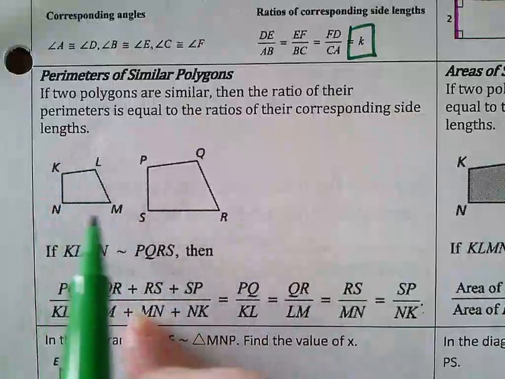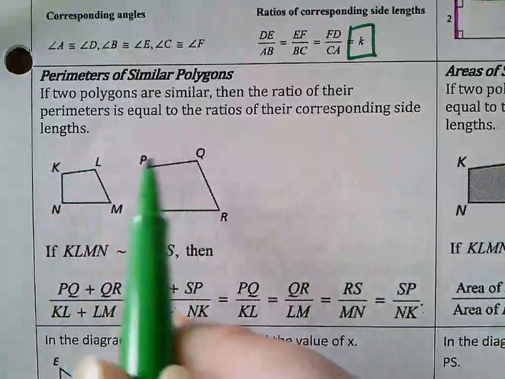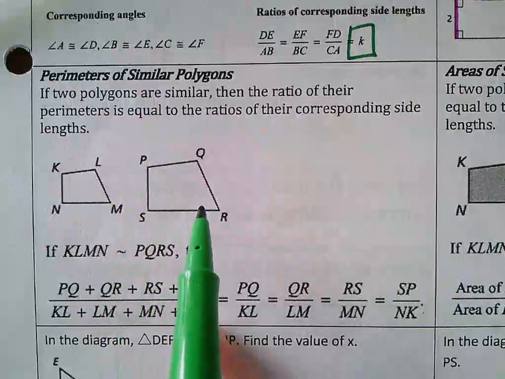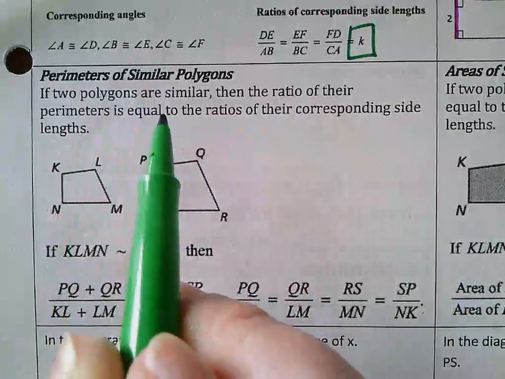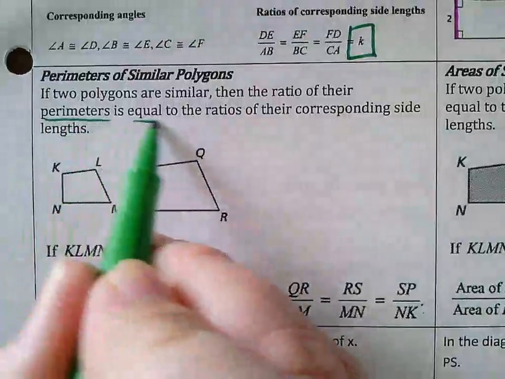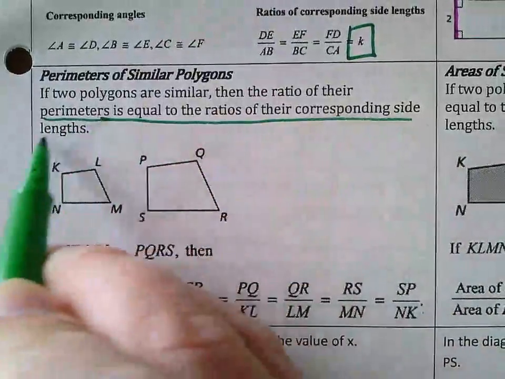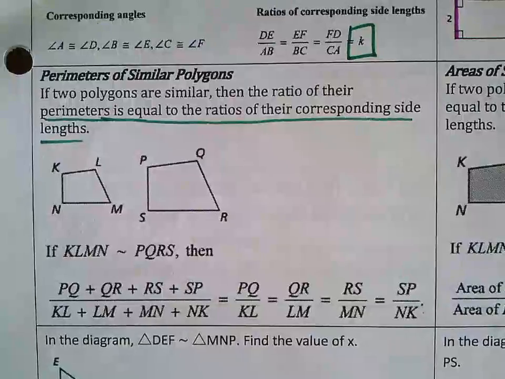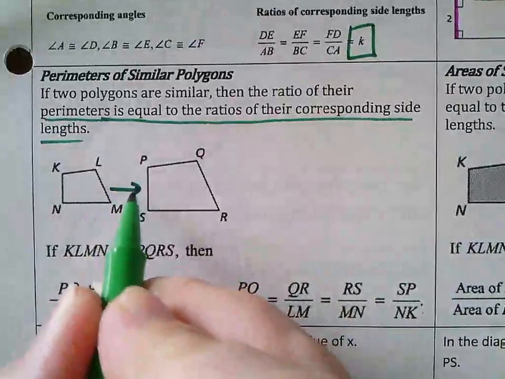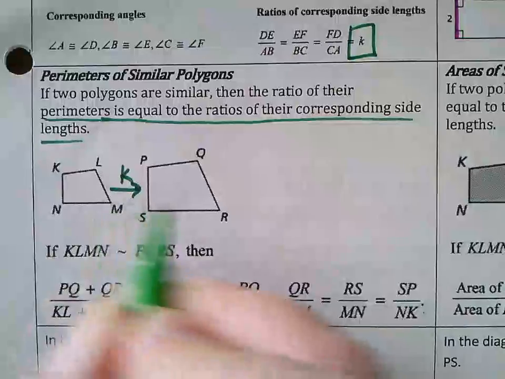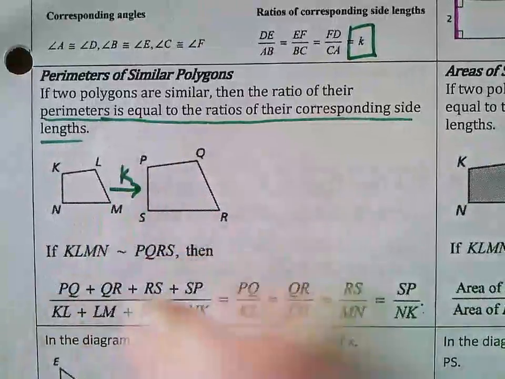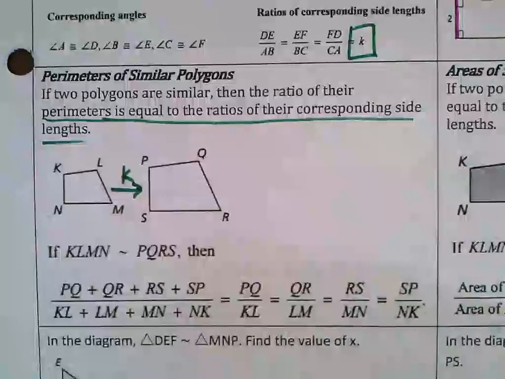Well, if I multiply the perimeter by 2, then this perimeter is 2 times bigger. So the ratio of the perimeters is equal to the ratio of the corresponding side lengths. Whatever factor you used here is going to be the same with perimeter. And this K is just a factor.